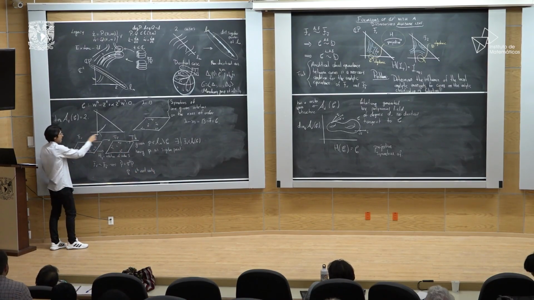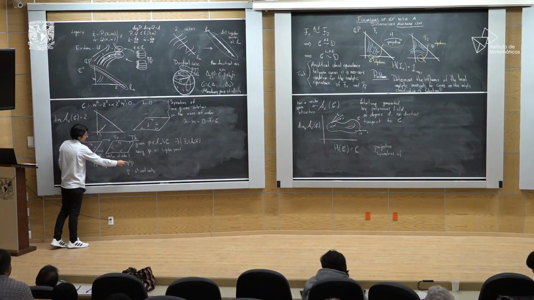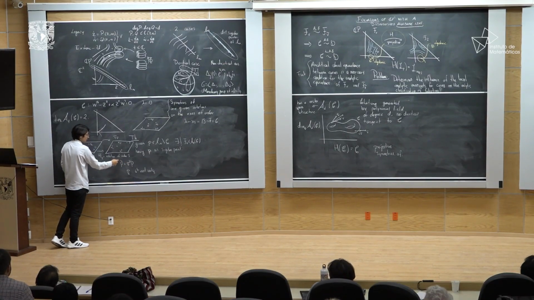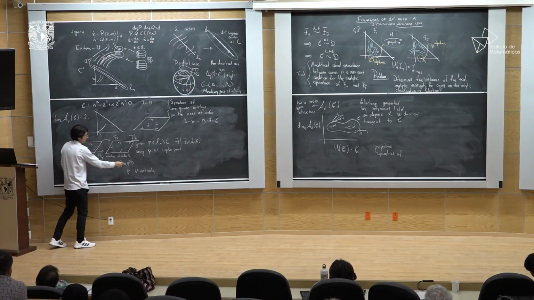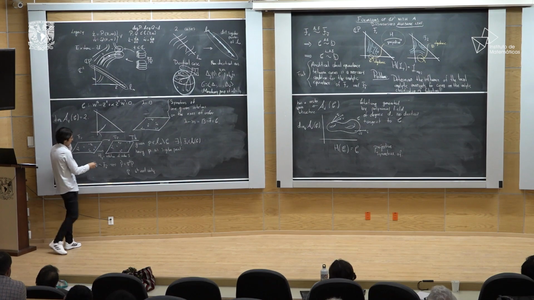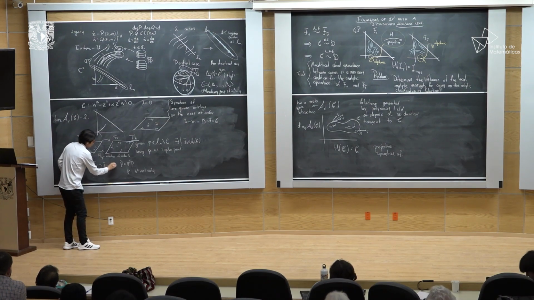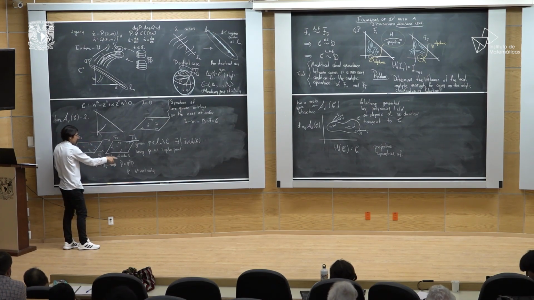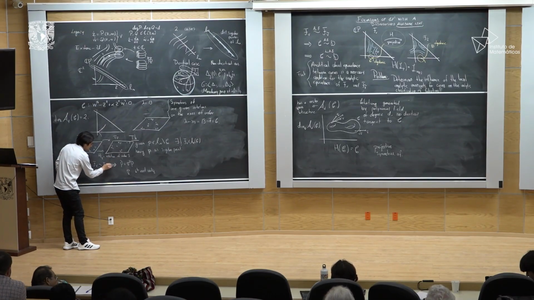So if they are analytically equivalent, then we can obtain P tilde from the original point P by a rotation of order 3. And we can prove that it is not only a necessary condition, it is also a sufficient condition.